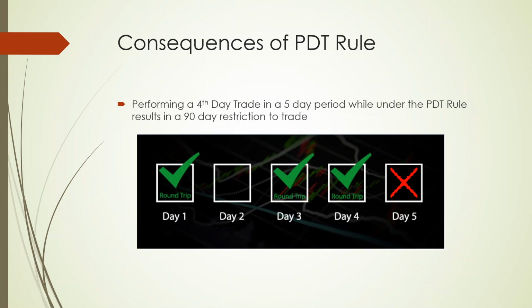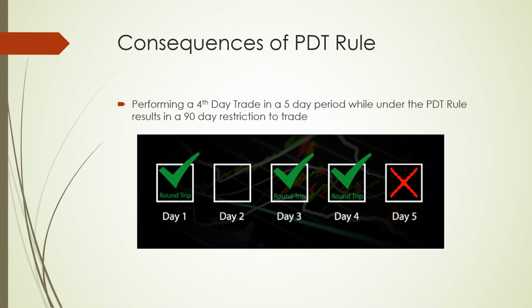So, as I said before in my first slide, I was talking about the consequences of breaking the PDT rule. And so, if you perform a 4th day trade in a 5-day period, right? So you've done 3 before, so Monday, Tuesday, Wednesday, you took 3 day trades, and then Thursday you want to do another one. You find a really good position, you really want to do it. Well, if you do, then you're breaking the PDT rule.